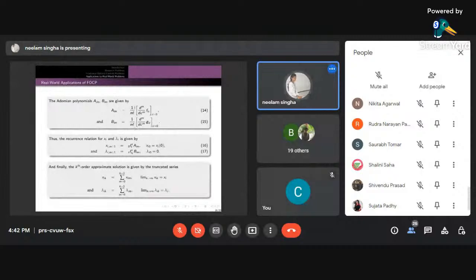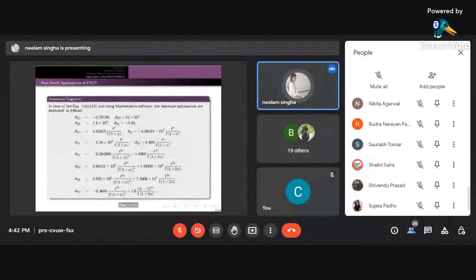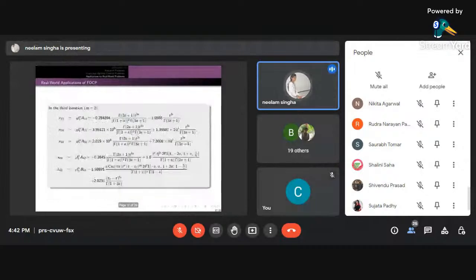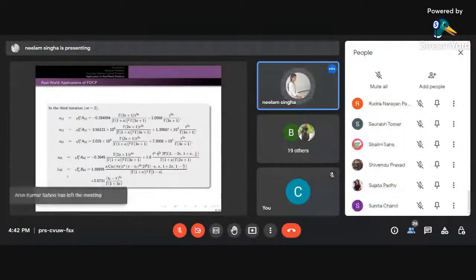So here, the computational difficulty is something you may also observe in these computations. If you allow me to show here, after the third or fourth iteration, we come to very difficult functions, and these are difficult to obtain if you are doing it manually.